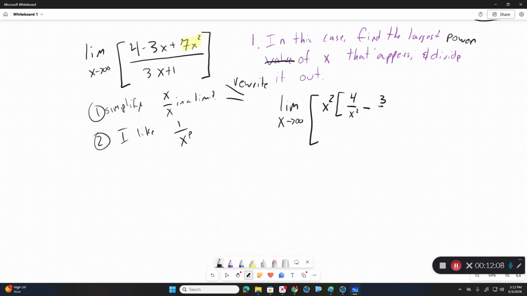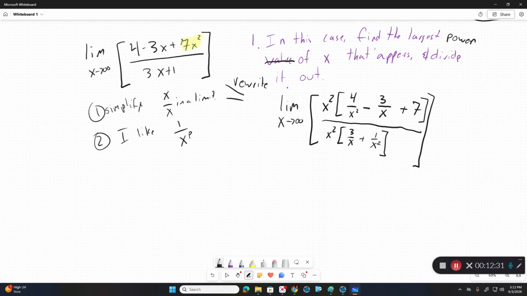There already was an x there, but we took 2, which means there's going to be a 1x on the bottom, and then there's going to be a 7. We're going to do that both top and bottom. Okay? Now when we take away x squared here, reminder, on that 3x, we're going to get 3 over x plus 1 over x squared.